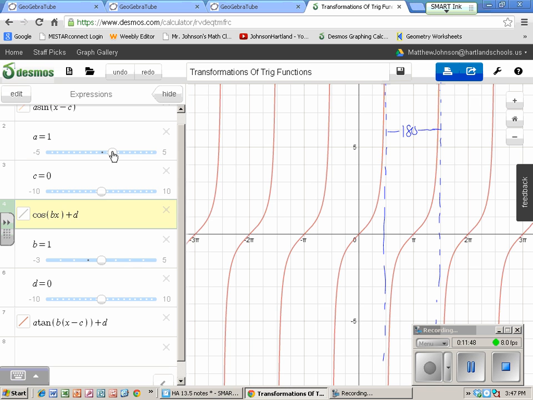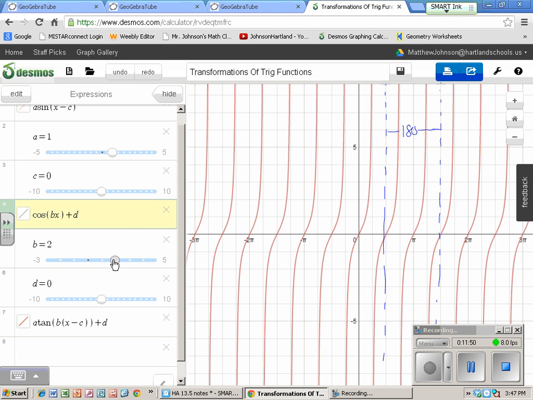If I change my value of b to 2, it's going to repeat itself twice in that same distance. And you can look at it here. Let me change the color. There's a vertical asymptote here, here, and here, and they got it a little bit shifted.